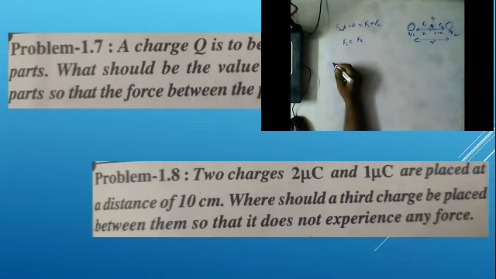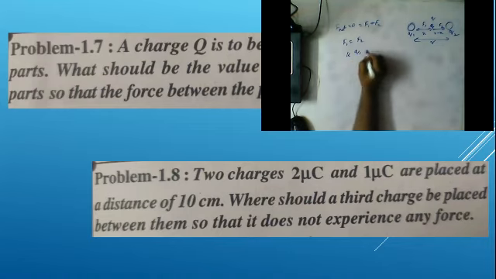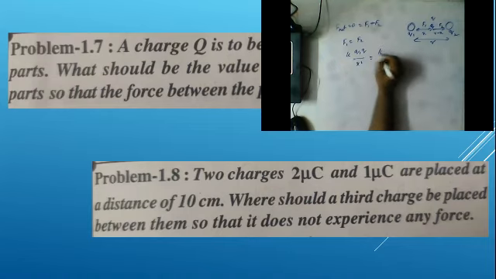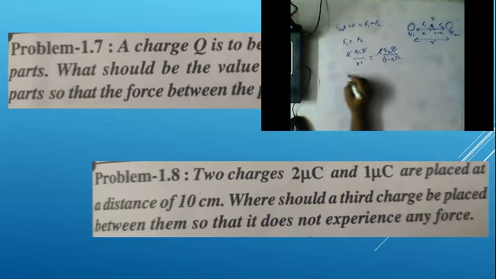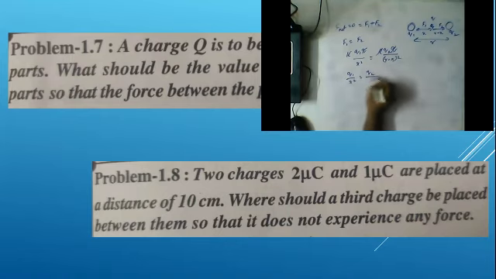So what can we write, guys? k into q1 q by x square is equal to k into q2 q by (r minus x) whole square. Now k and q will get cancelled. Ultimately what we are left with is q1 by x square is equal to q2 by (r minus x) whole square.